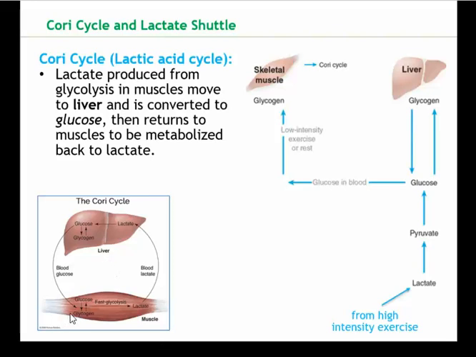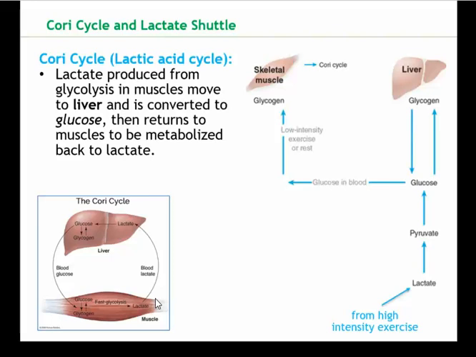So let's take the muscle and fast glycolysis. We know glucose or glycogen is converted to glucose and put through our glycolytic system, and it produces pyruvate. But during fast glycolysis, the pyruvate accepts the hydrogen and it becomes lactate. Well, lactate is going to build up in the bloodstream, making it really acidic and making it harder for us to exercise.